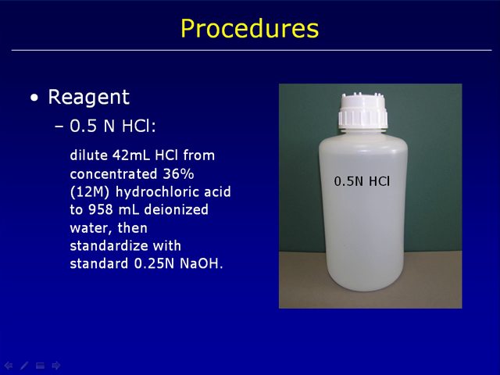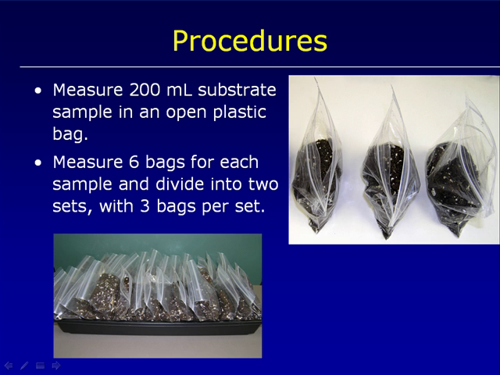So just briefly going through our procedures, you will need to make up a solution of 0.5 normal HCl. Here on the graph it shows some examples of how to make up that standard solution. With your growing medium, you need to measure out samples of 200 milliliters and put them into a series of open plastic bags.